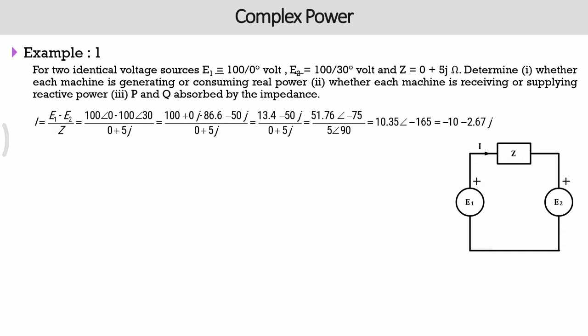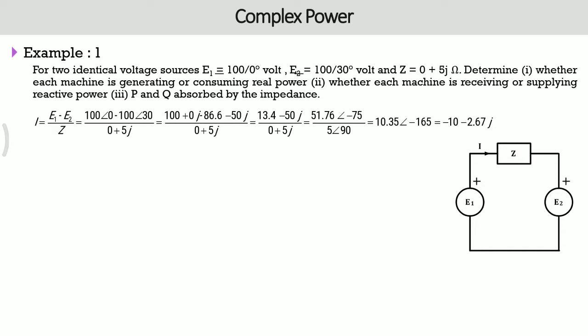If you don't know how to convert, then use the calculator, and you can also convert it by hand calculation. After converting the polar form to rectangular form, perform the addition and subtraction whenever required.